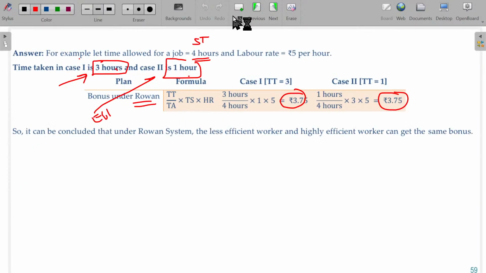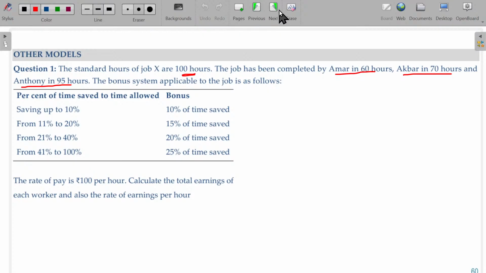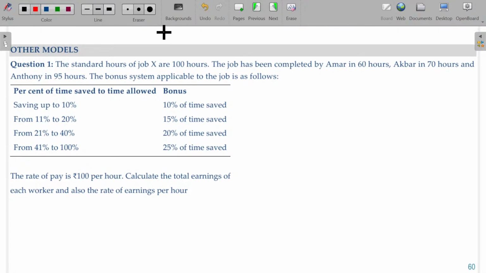Let's see. So we have 3 workers: Amar, Akbar, and Anthony.